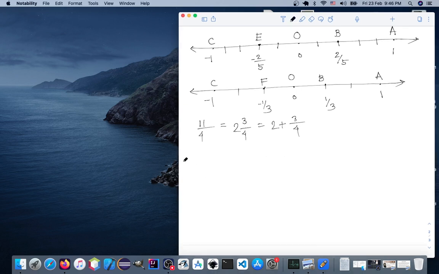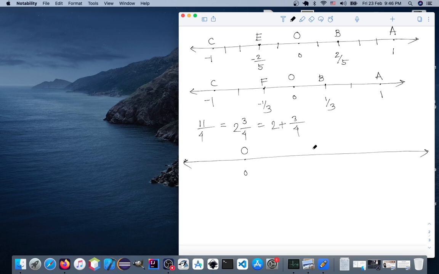So this is the number line. For the sake of explanation, let me consider this as the origin. Even though it doesn't look like it is at the middle of the number line, still just consider that this is the origin. This is value 0.